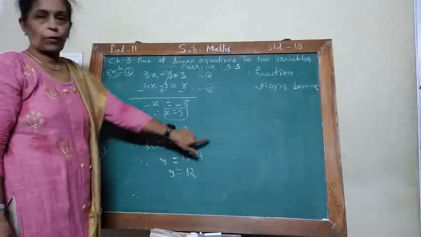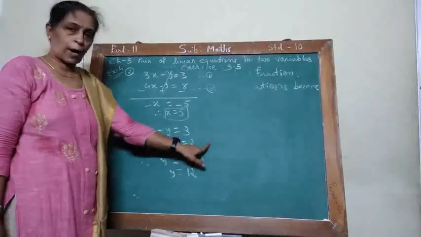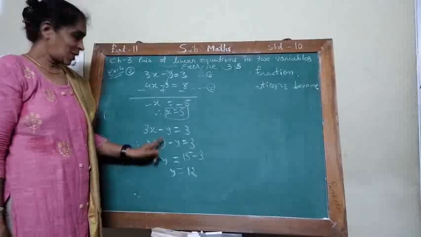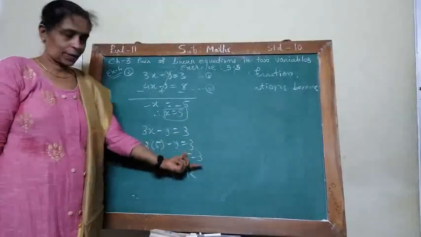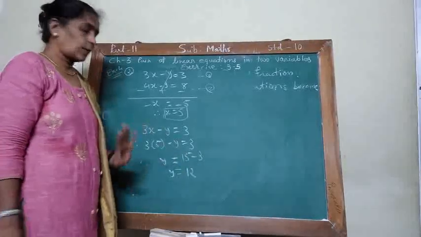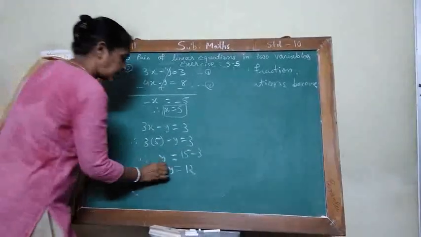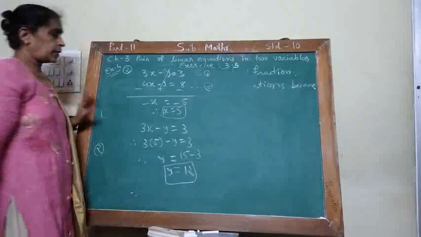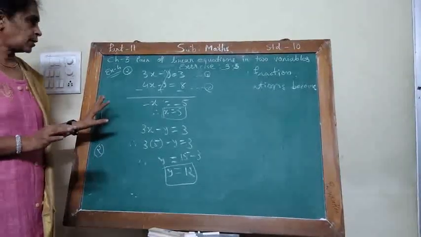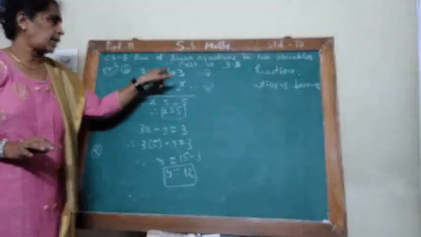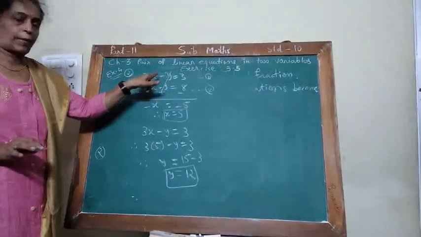See, minus y goes on this side, so it becomes y, but I have written it here. So y equals 15 minus 3, I have written on this side. So y equals 12. So this way I have obtained it, and this is not the answer. Don't believe it like this. At last, you have first assumed that let x upon y be the required fraction.